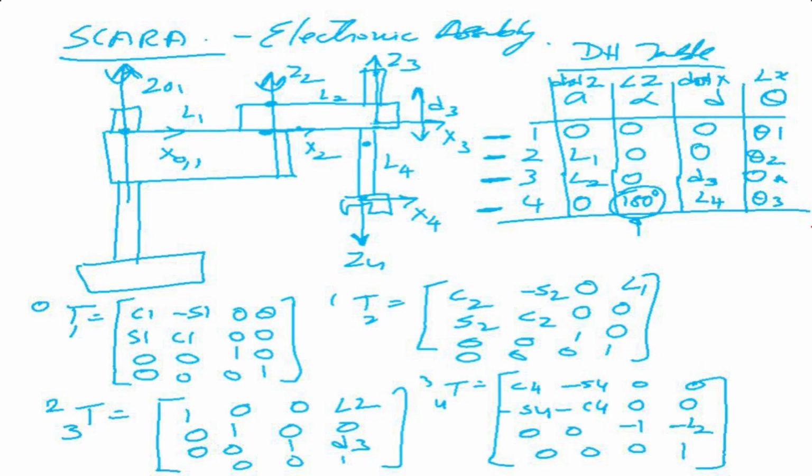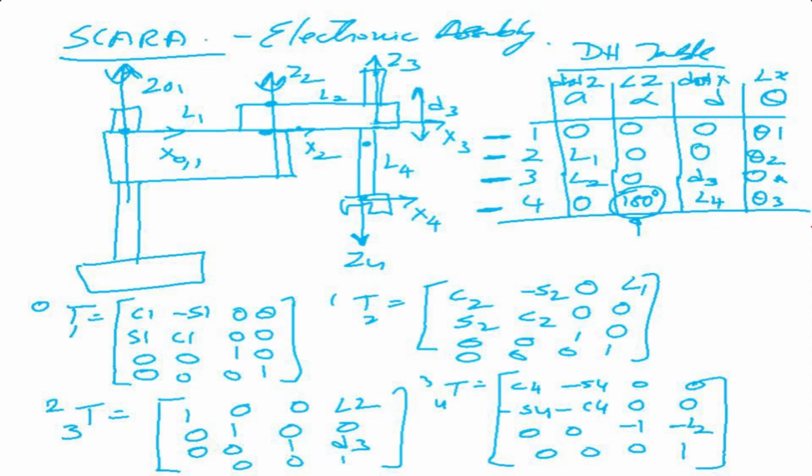Okay, so I have written my DH parameter table for the SCARA manipulator. Now what we need to do is write the matrices. The first matrix is T 0 to 1. This is very easy because the 0 axis and the first axis frames are the same. So here I'm going to write cos theta 1, minus sin theta 1, 0, 0; sin theta 1, cos theta 1, 0, 0; 0, 0, 1, 0; 0, 0, 0, 1.